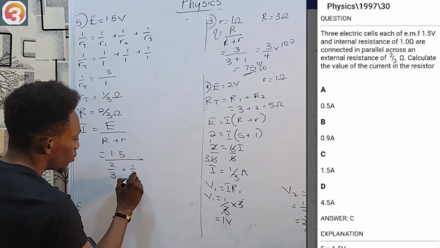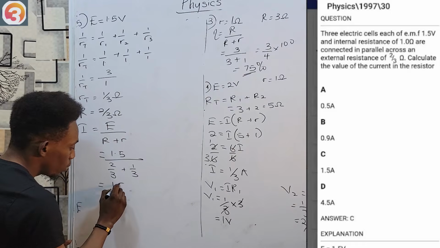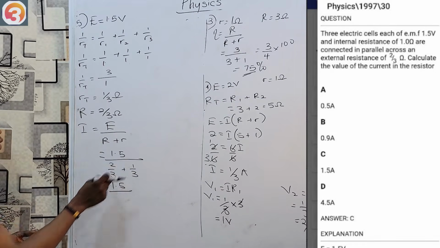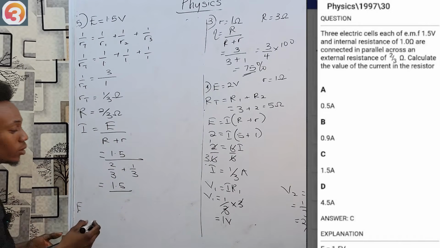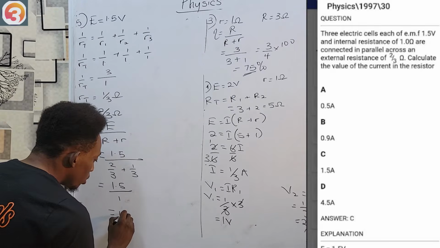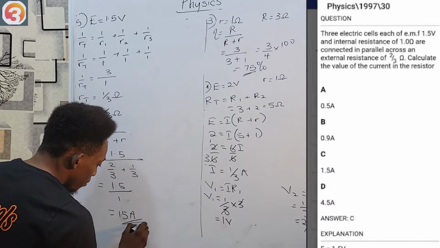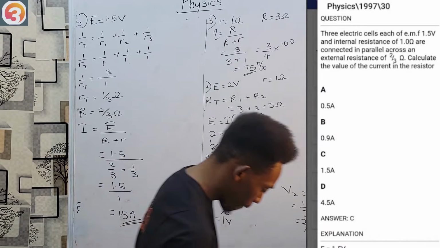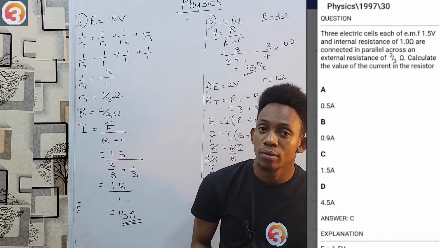Small letter r is 1 over 3. So 1.5 over, the denominators are the same, 3. 2 plus 1 is 3. And 3 over 3 is 1. So 1.5 over 1 gives 1.5 ampere. And see? Very, very simple.